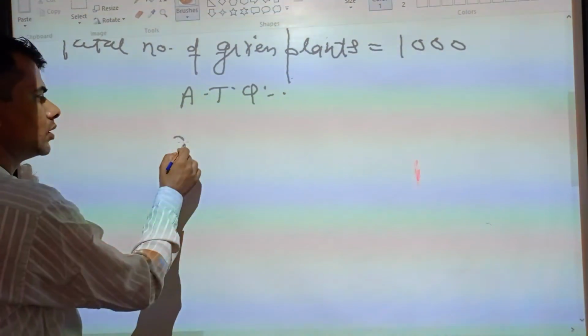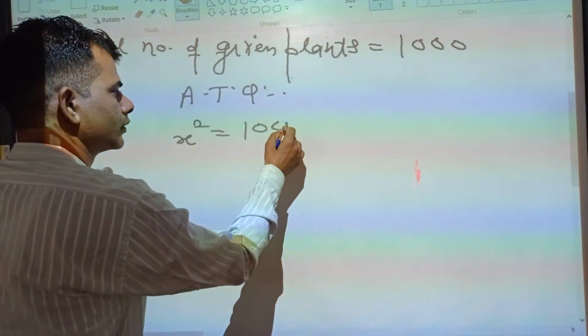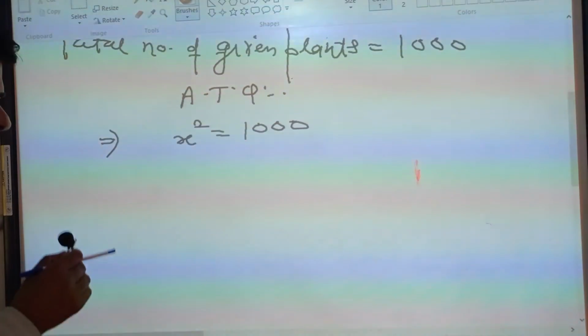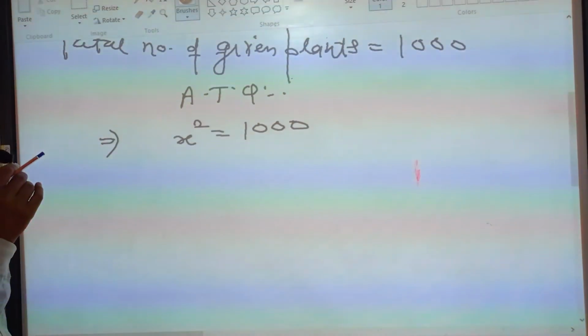x square is equal to 1000. Now we will find out the square root.